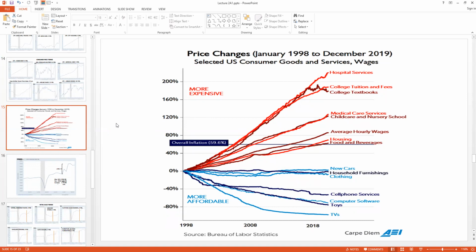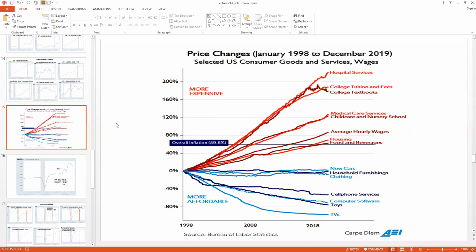And the reasons for that have a lot to do with government regulation and government financing. Since the government finances a lot of student debt, the money is available, and educational institutions are able to raise their prices.